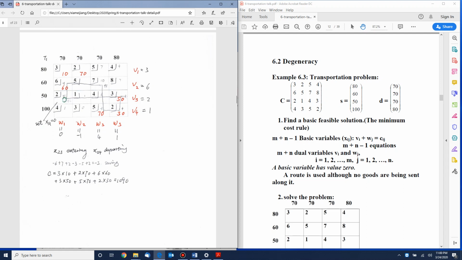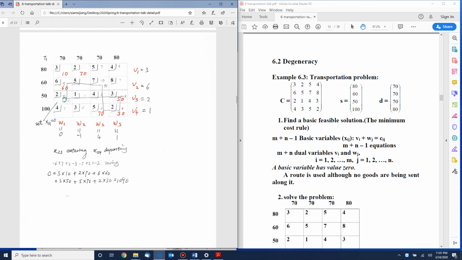Then we move to the second one. The second one, 5 is the cheapest one, but market 2 is already full. So we choose the second cheapest one, which is 6, in cell 2 1. In the first column, you can see that market 1 needs 70, and we already put 10 into there.